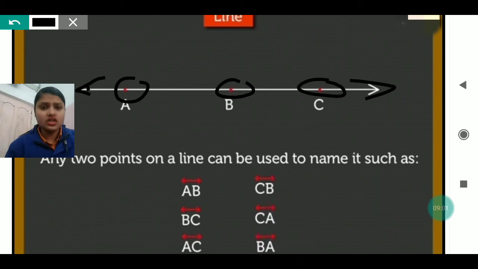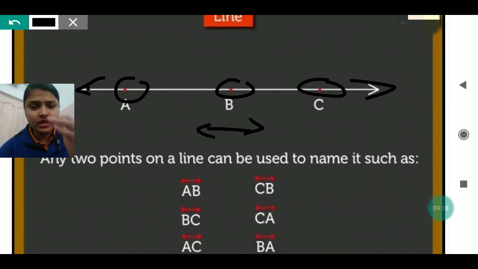Like AB is one line, CB is also one line, BC is also one line, CA is also one line, AC is also one line, and BA is also one line. For denoting a line, this symbol is necessary above the name.